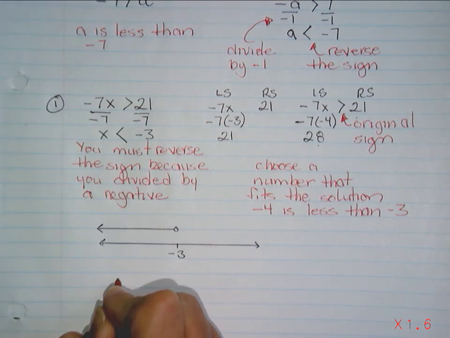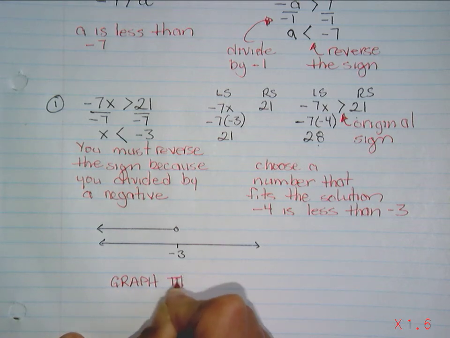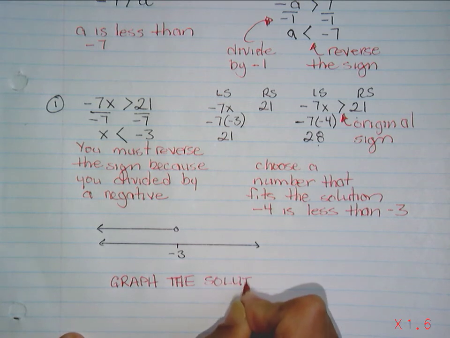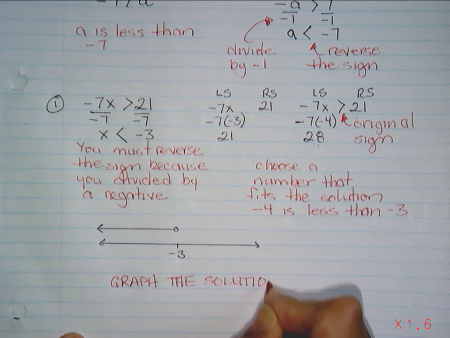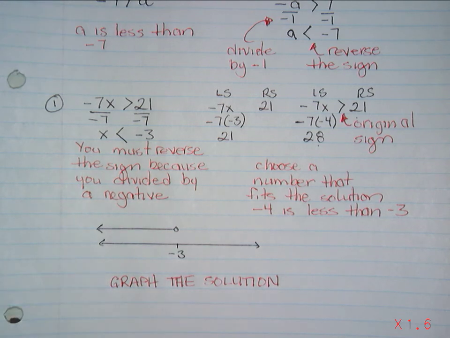And I want you to graph the solution. And the solution was x is less than negative 3. Don't graph negative 7x is greater than 21. It's not what you're graphing. You're graphing the solution. I know I've said that about 8 times now, but it's super important that you realize that. Okay, let's turn the paper over and we're going to do 2 more examples.